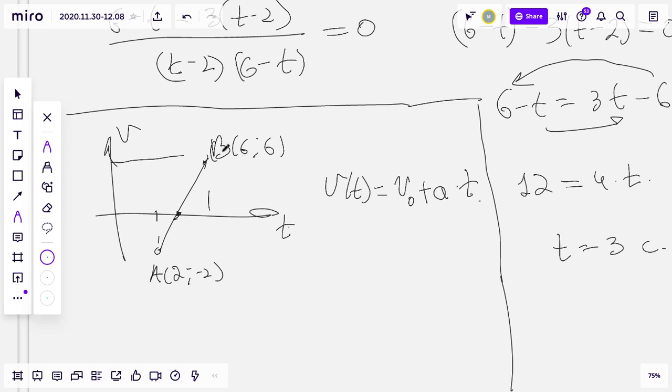It's exactly so: if we have a line, we have this function expression.